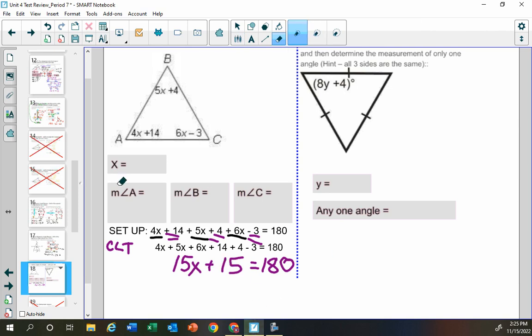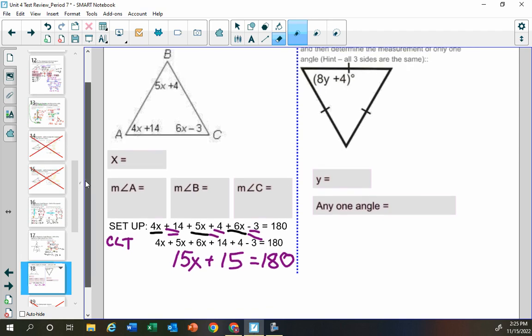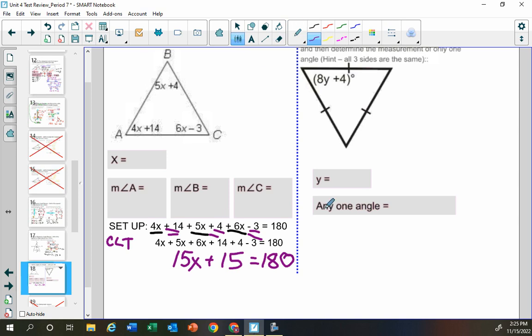All right, now, how do we solve for x? It's actually going to be much easier than you think. Minus 15. So minus 15. Minus 15.